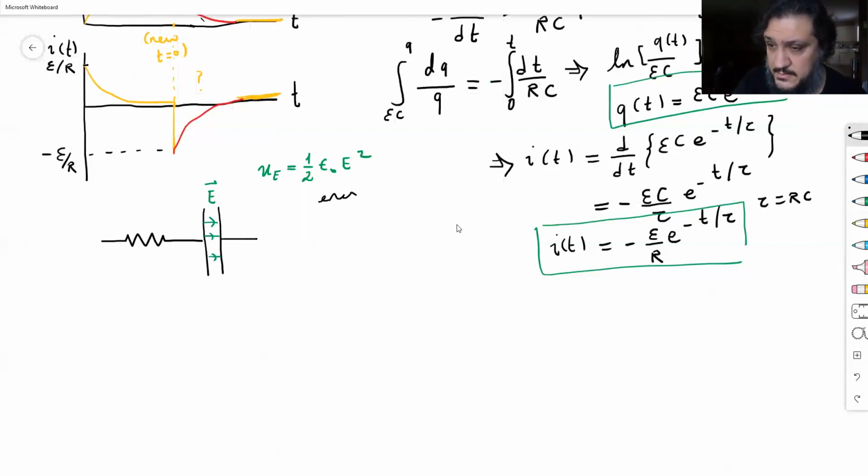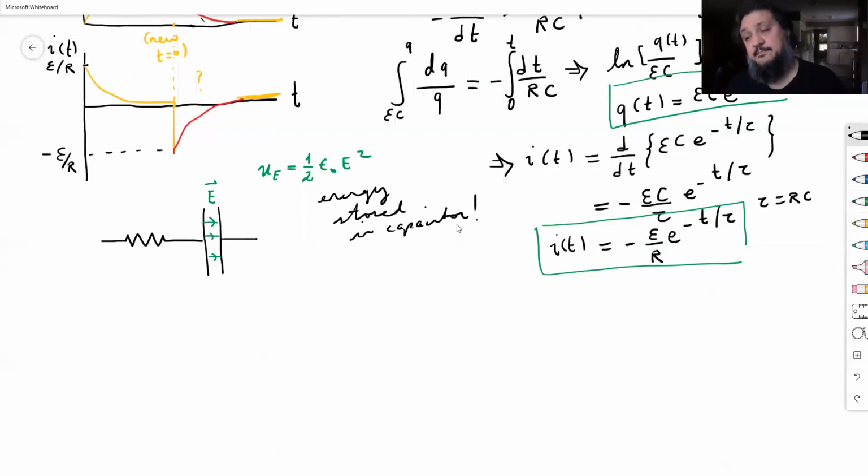Energy stored in the capacitor. Even when you turn the switch off, or when the current has died off, you will still have energy in the capacitor. That's why they put warning signs in radios and other equipment where they use big capacitors.